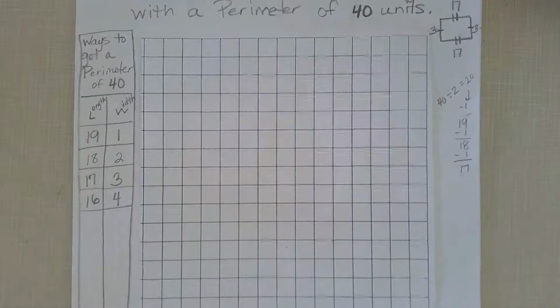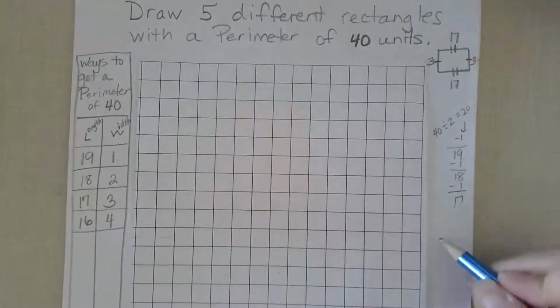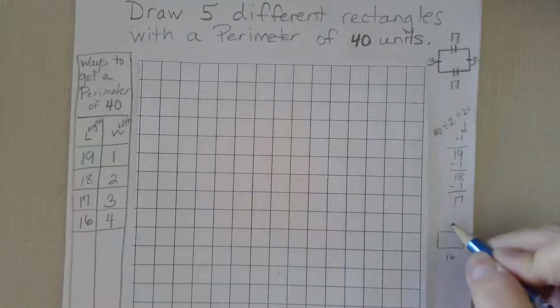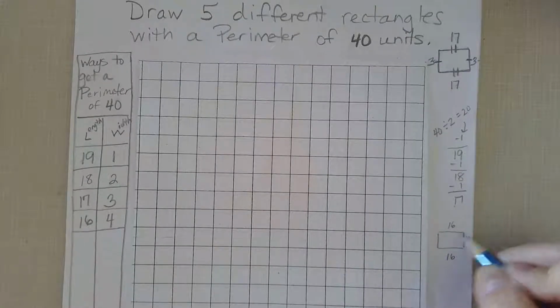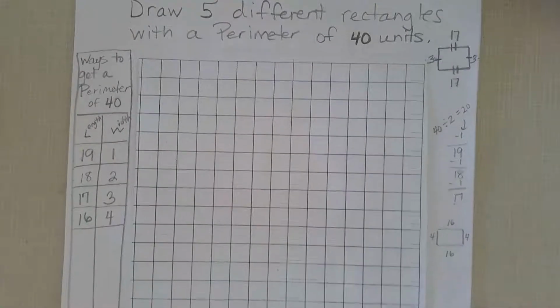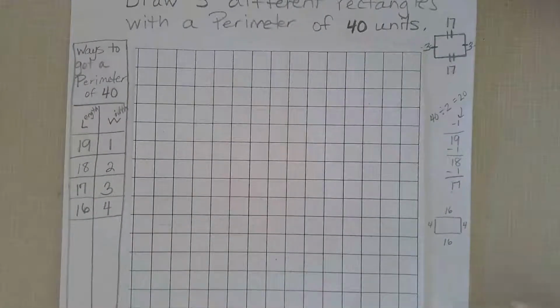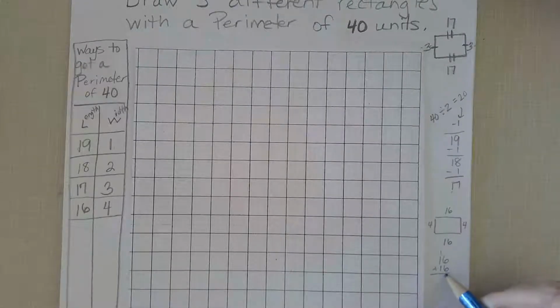Well, let's see if that would work for our perimeter of 40 units. If I drew my rectangle over here, and I had 16, 16, 4, and 4, does it equal 40? Well, 16 plus 16 is 32, plus 4 is 36, plus 4 is 40.